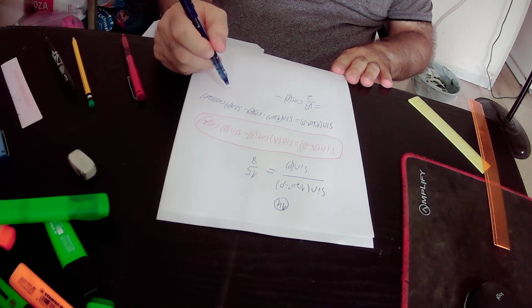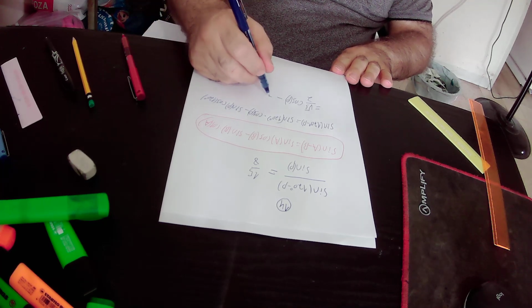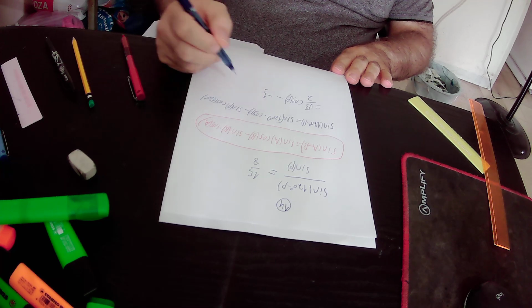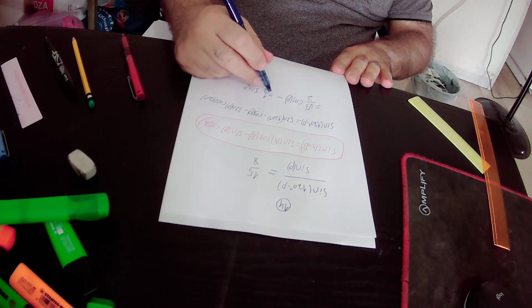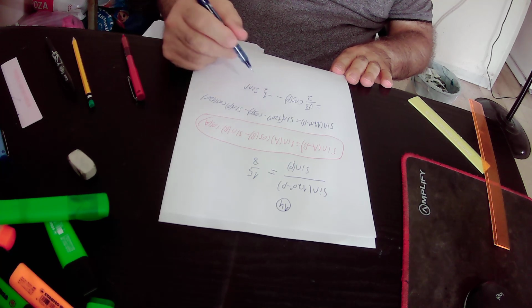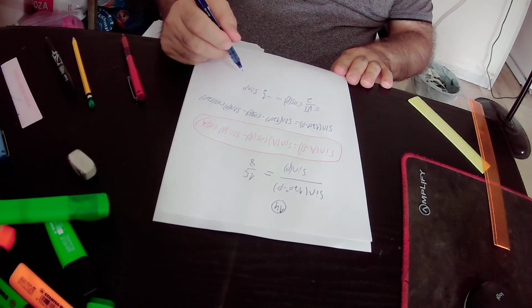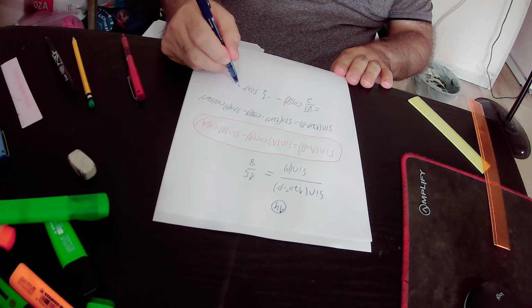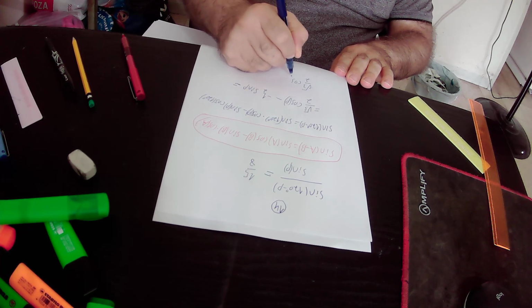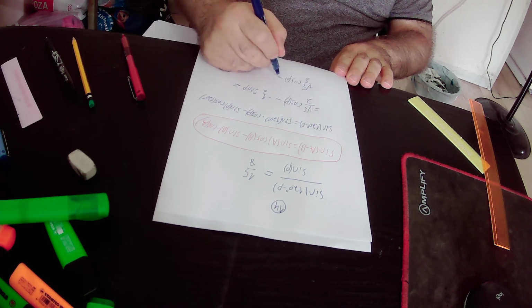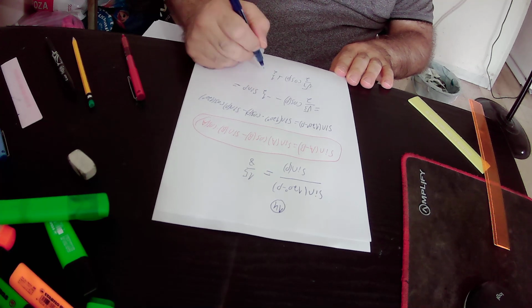Cosine 120 degrees is minus 1 over 2, so here we have minus times minus, which is plus. So it will be equal to root 3 over 2 times cosine p plus 1 over 2 times sine p.